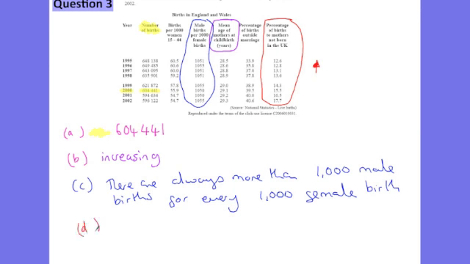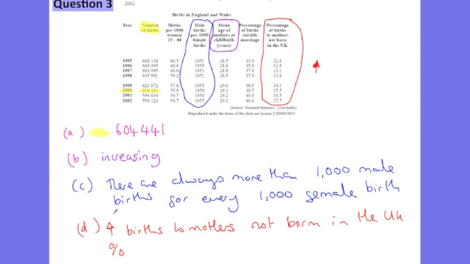So, if the percentage of births to mothers not born in the UK is increasing, we can see that the percentage of births to mothers born in the UK is decreasing, as the percentage of births to mothers not born in the UK is increasing.